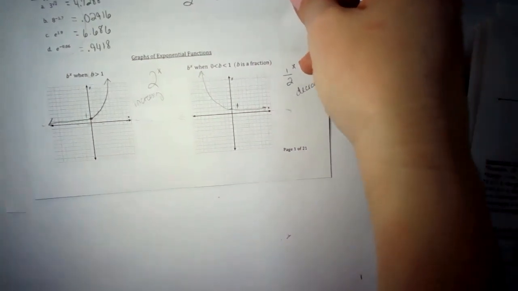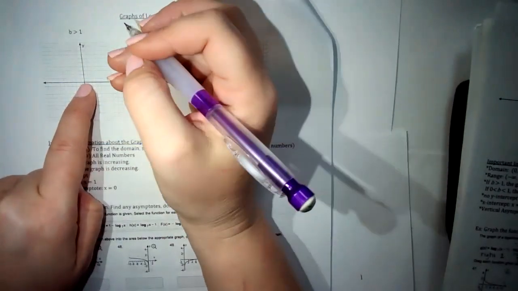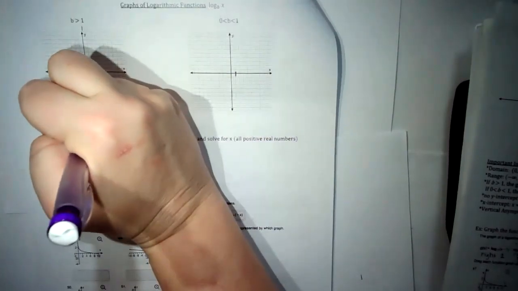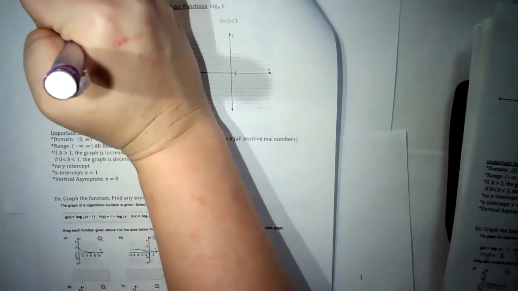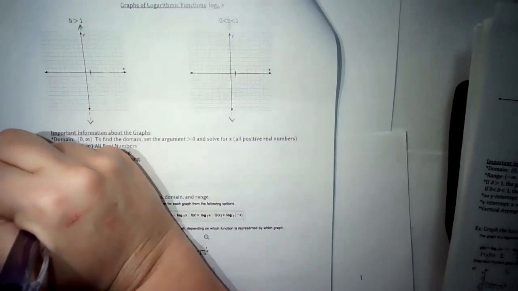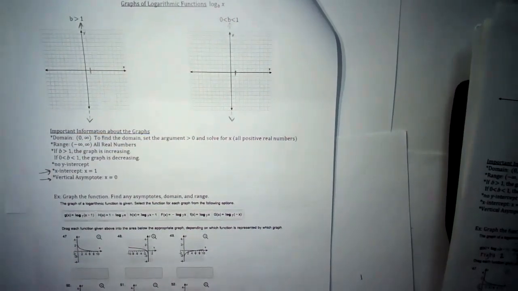Well, your logs are the exact opposite. So guess what they're going to look like? Instead of having a y-intercept at 1, they're going to have an x-intercept at 1. Instead of having a horizontal asymptote at the x-axis, they're going to have a vertical asymptote at the y-axis. And here it shows you right here, both of those little guys there.